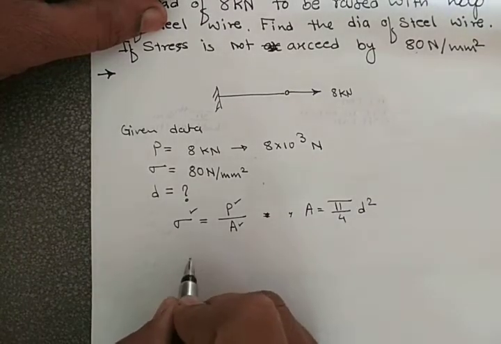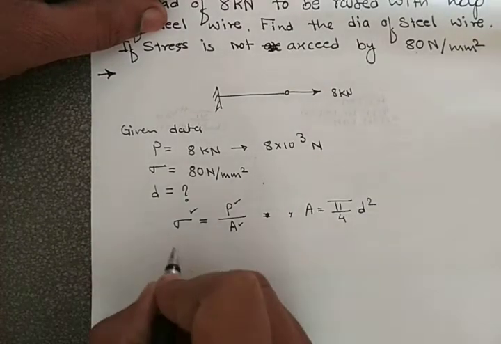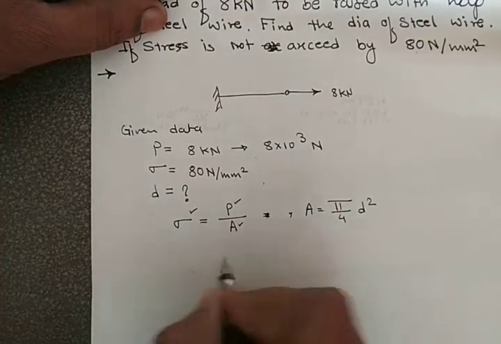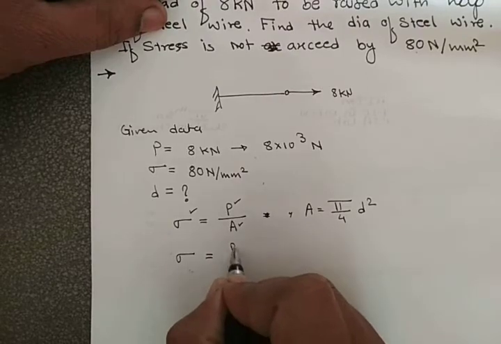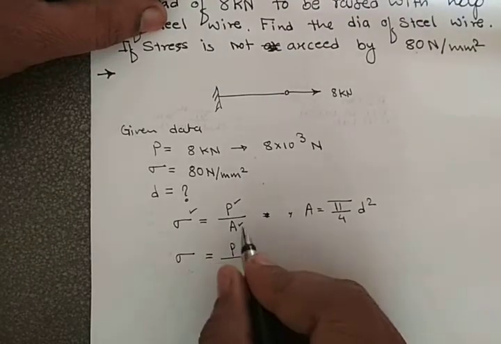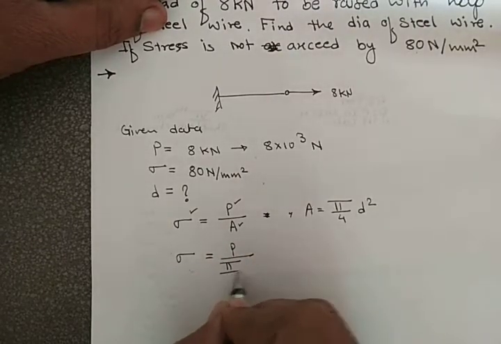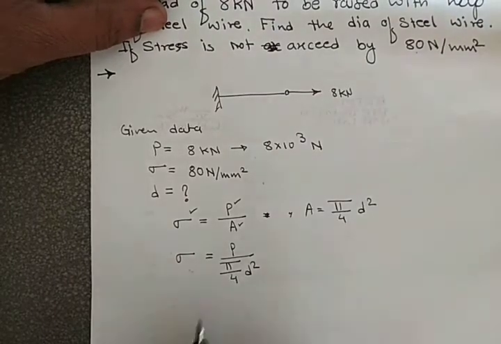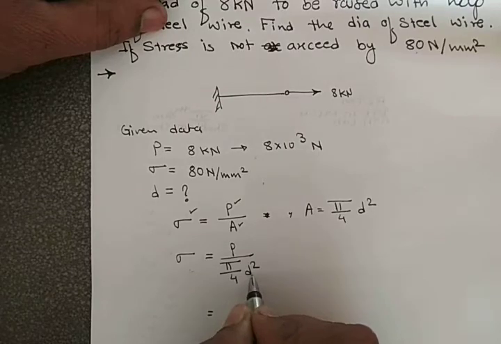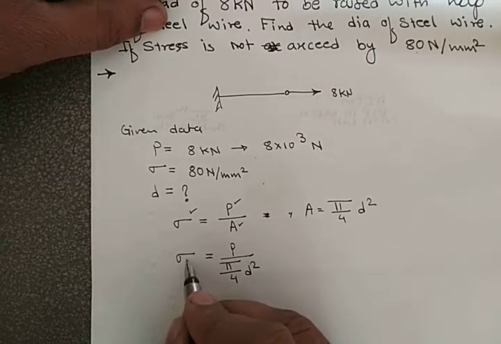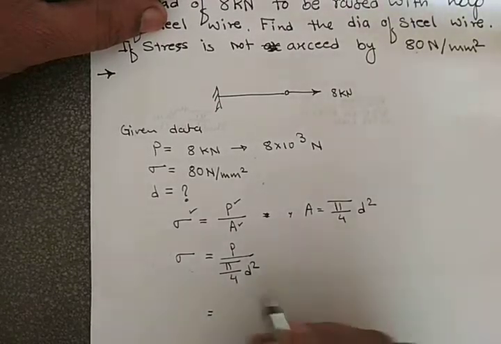So first we will shift the terms. First stress, this is P and this is A, and A is nothing but pi by 4 d square. Now I'll transfer this diameter to this side and stress to the opposite side.